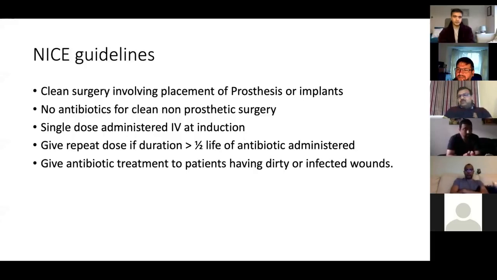If the surgery is going to be under tourniquet, the timing has to be a little bit before the induction. It's imperative to give a repeat dose if duration of surgery is prolonged more than the half-life of the antibiotic administered. And antibiotic treatment needs to be given to patients who have dirty or infected wounds.